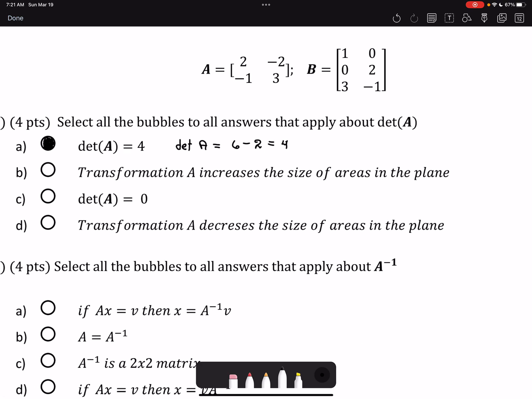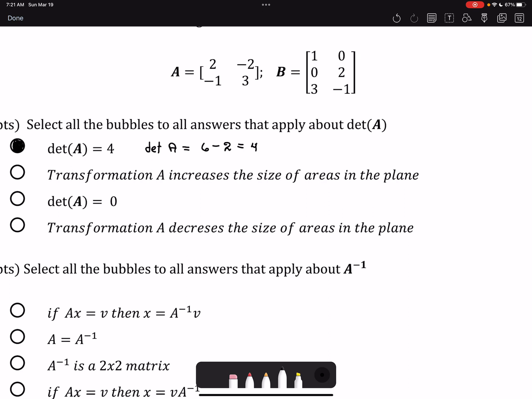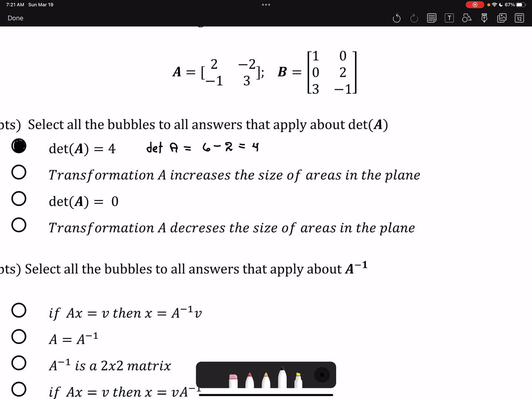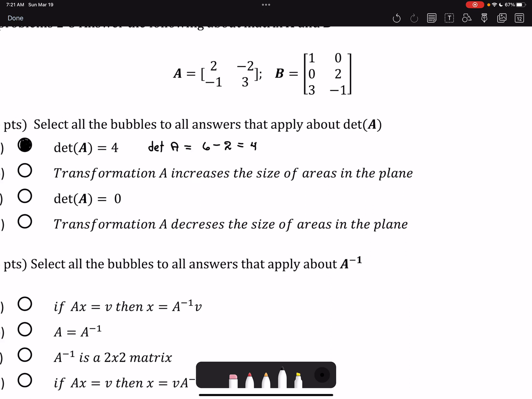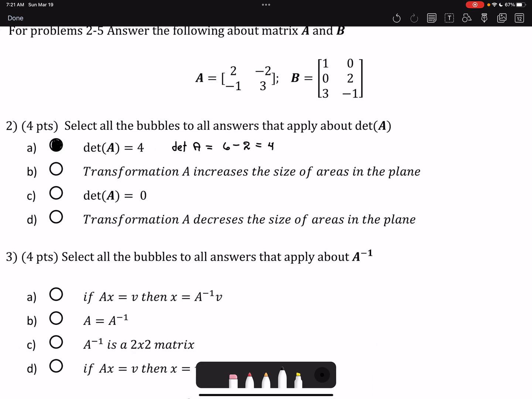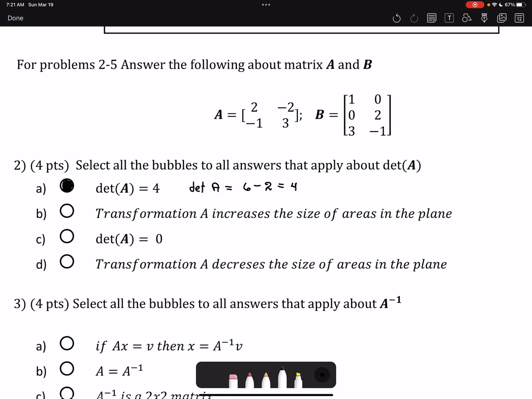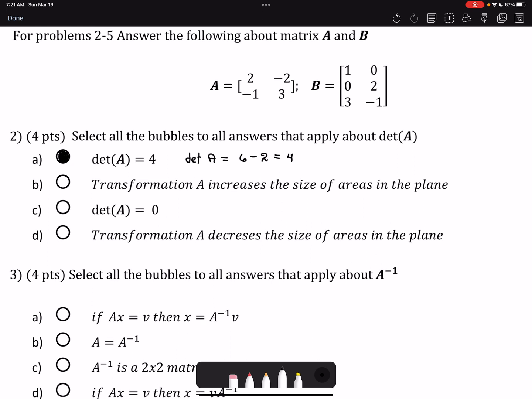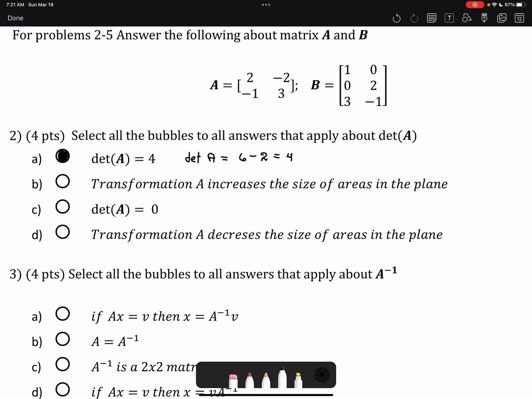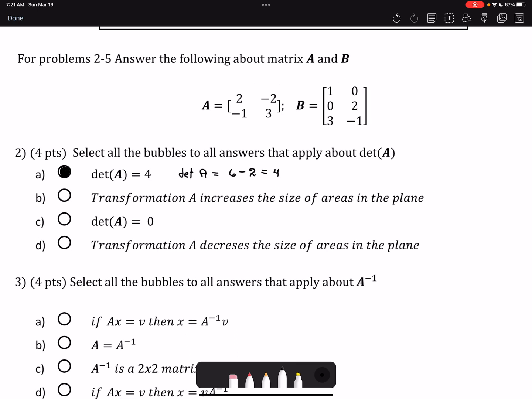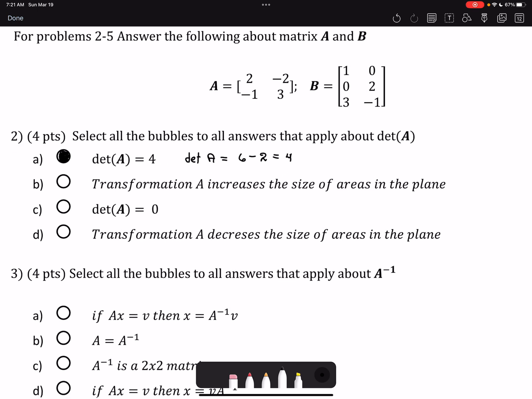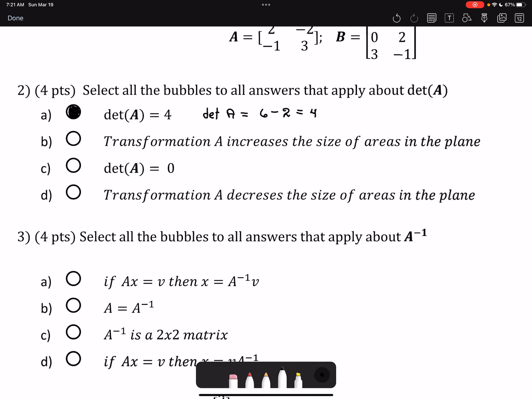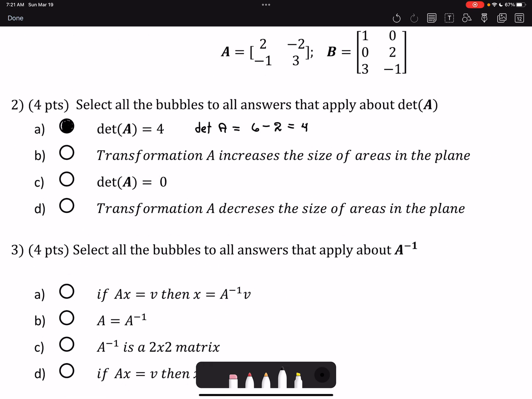Now, transformation A increases the size of areas in the plane. A determinant equal to 4 means that each square of a grid to which the transformation A is applied is increased by a factor of 4. So yes, the transformation A increases the size. Now you might ask, how do you decrease the size?